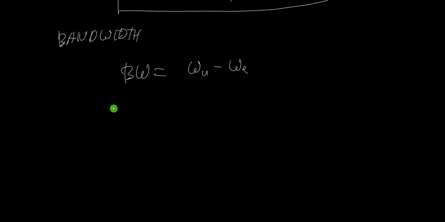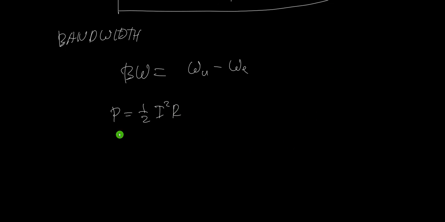Because this is half power frequency, the power is just 1/2 I squared times R. That's the average power dissipated by the RLC circuit. Then how about the highest power?